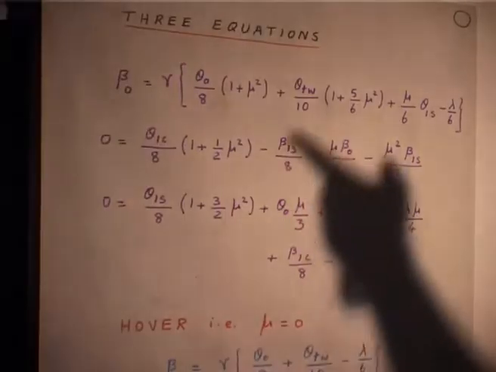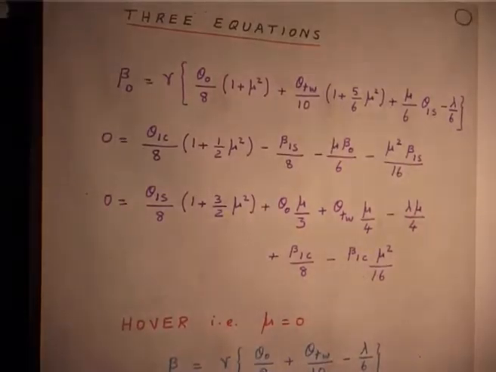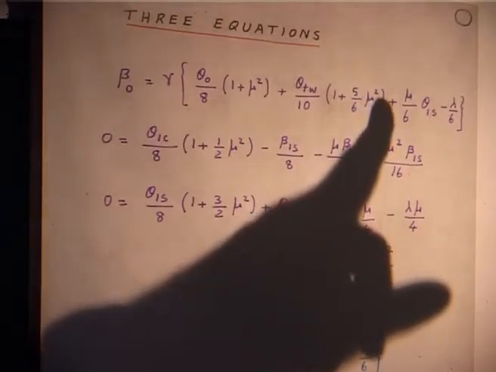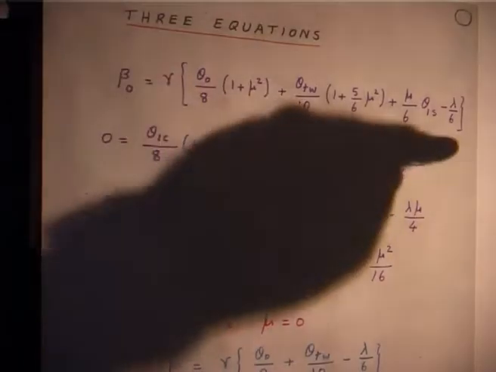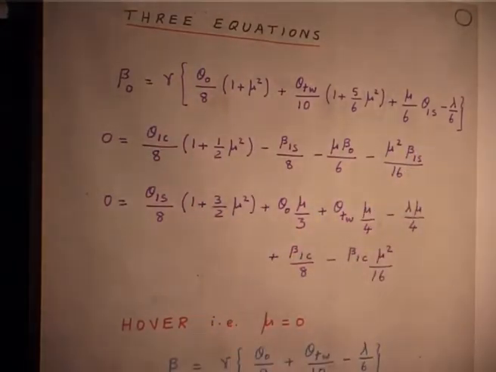So, you will get 1 plus mu square, you take out. In this, because you add 1 over 6 minus 1 over 6, that is how you get that mu theta 1 s over 6 minus lambda by 6.